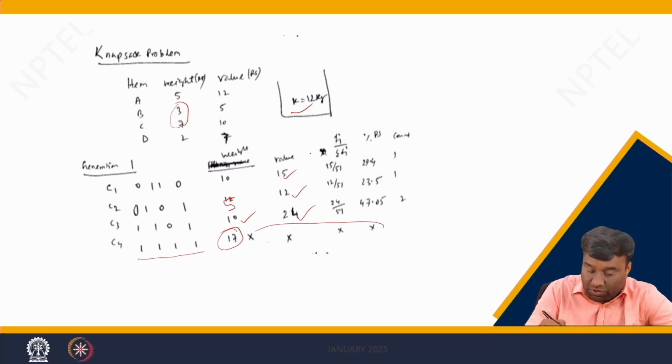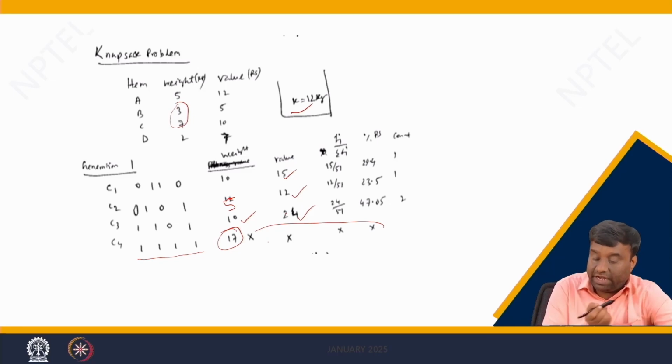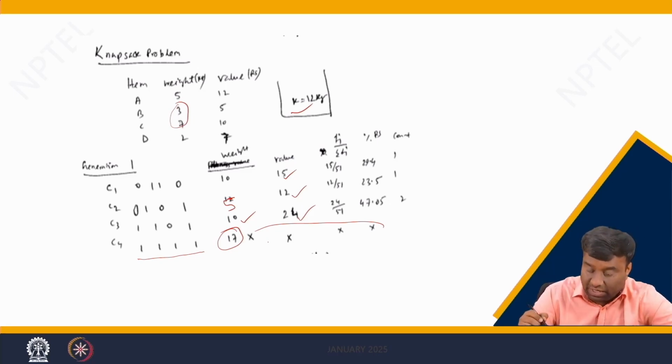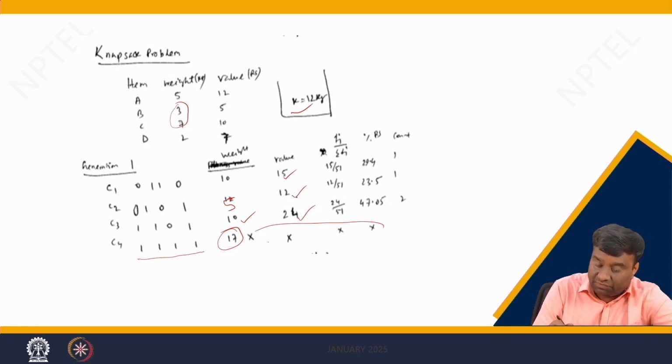So now you need to find the average value, and we'll try to find the expected count. So here the average value is 15 plus 12 plus 24, not counting the one not qualified, so divide by 4, so you can write it 51 by 4.